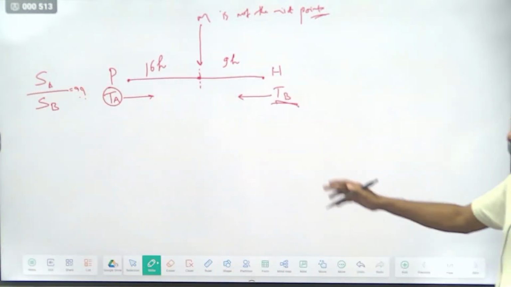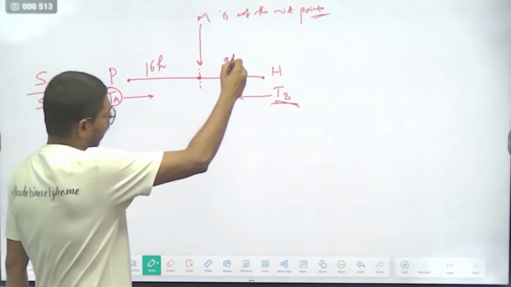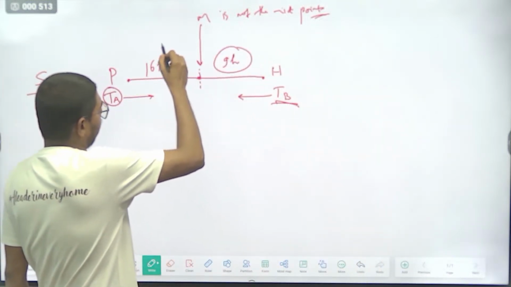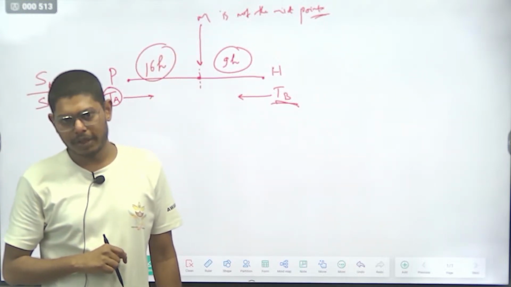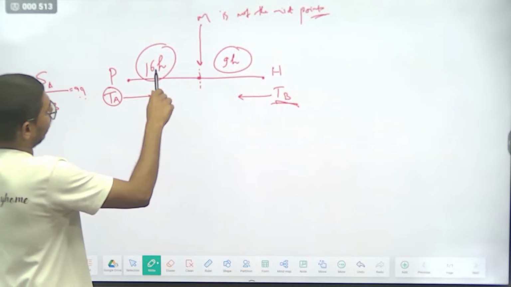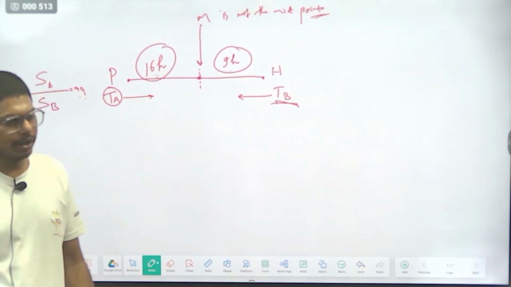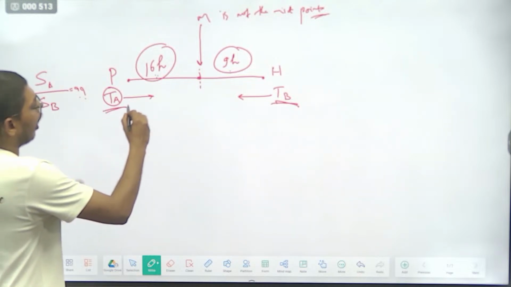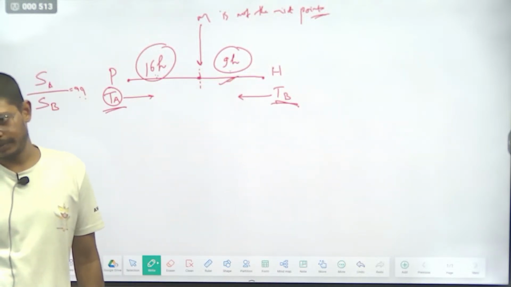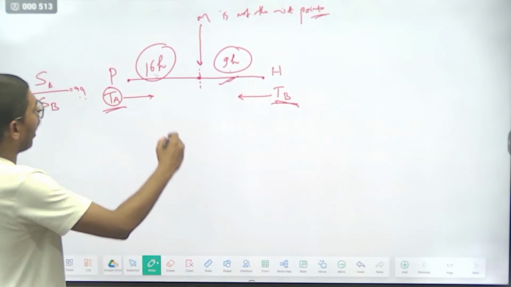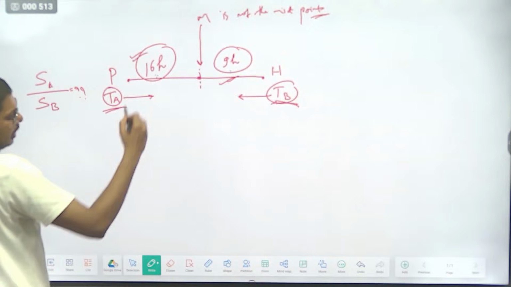So how you will recognize this is that the timings they give will be perfect squares. Train A, after meeting, has taken 9 hours, and train B, after meeting, has taken 16 hours.